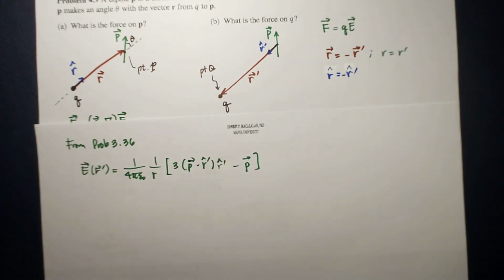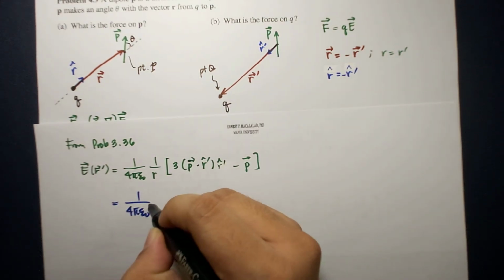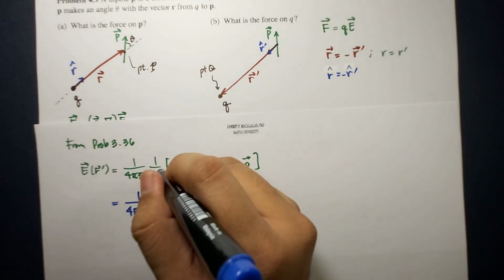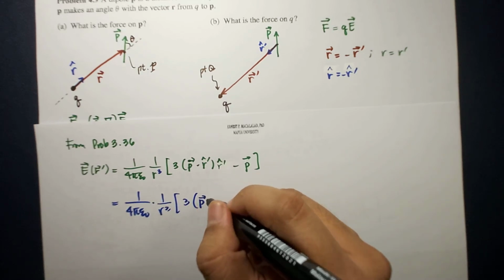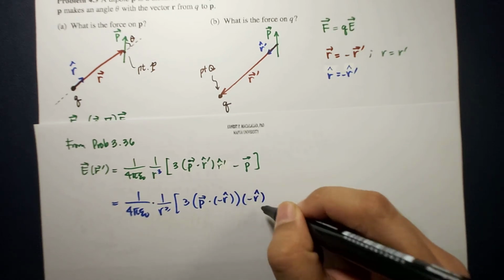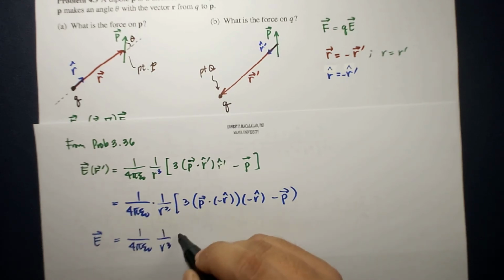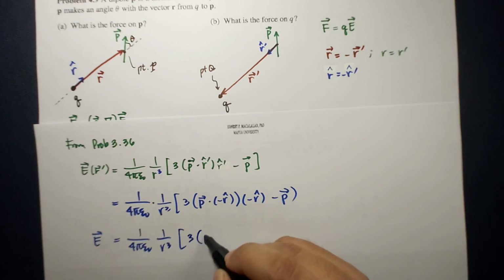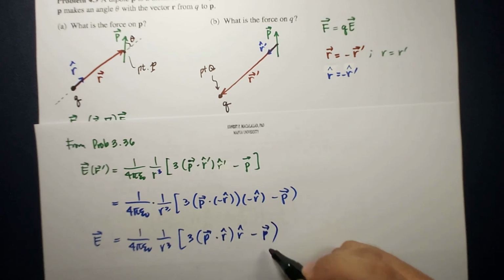Okay, so that means you can rewrite this as 1 over 4 pi epsilon naught times, sorry, this should be r cubed, so that's 1 over r cubed times 3 times p dot negative r hat times negative r hat minus p, which is 1 over 4 pi epsilon sub 0 times 1 over r cubed times 3 p dot r hat r hat minus p.